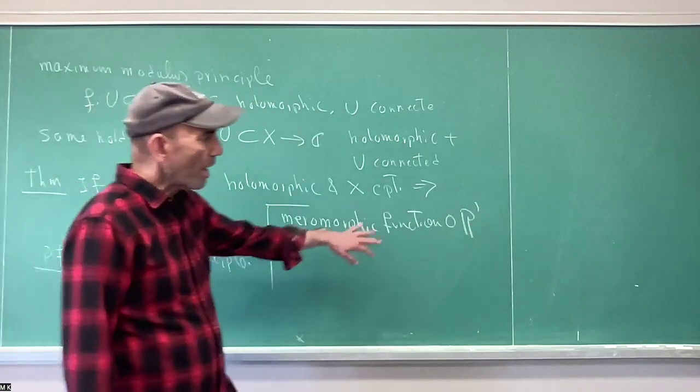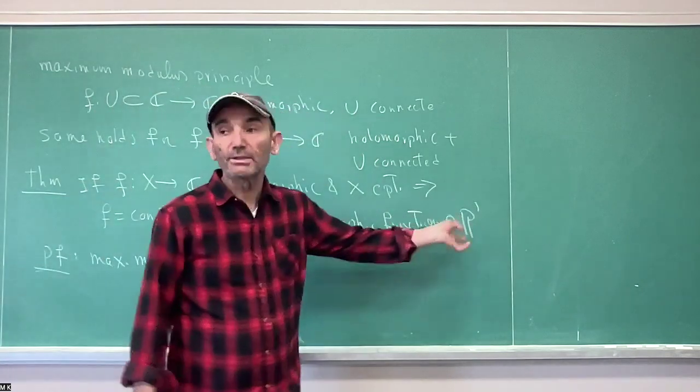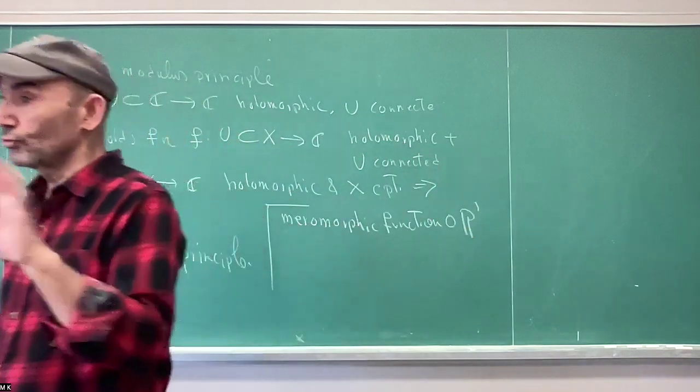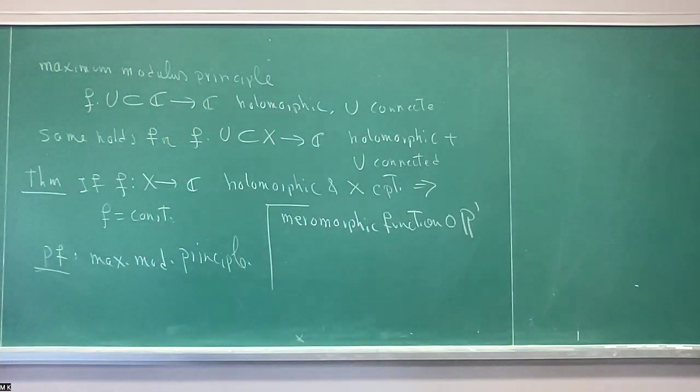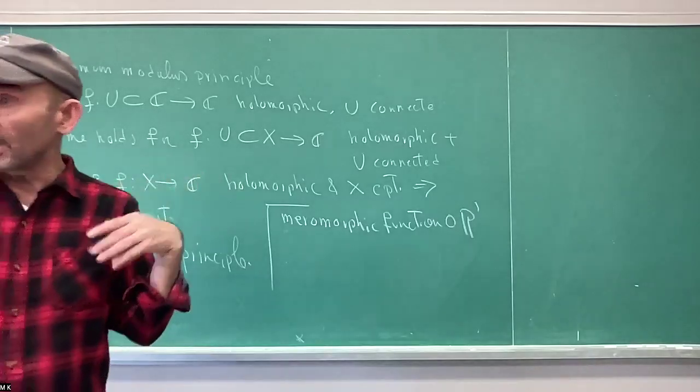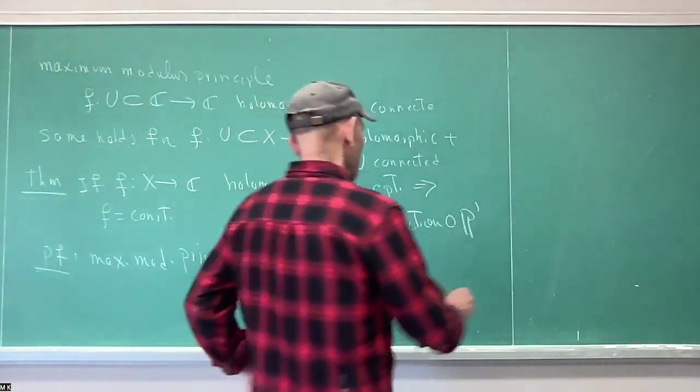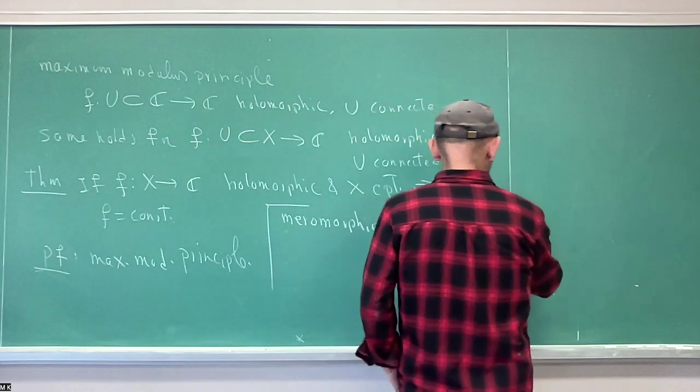We know that P1 is isomorphic to C hat, but we defined it as the projective line. We gave a different definition, right? So this is the projective line.